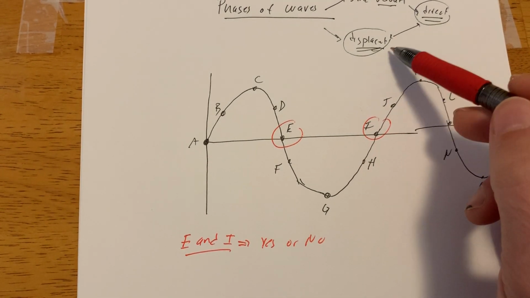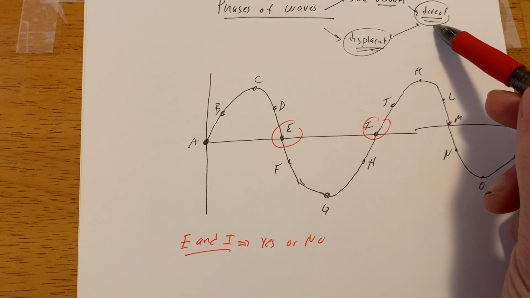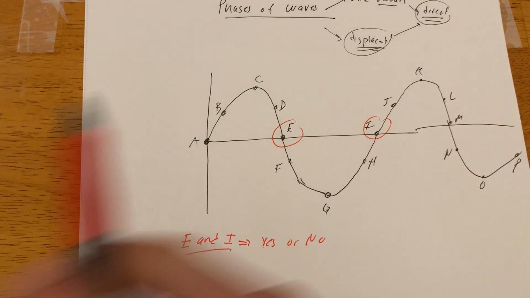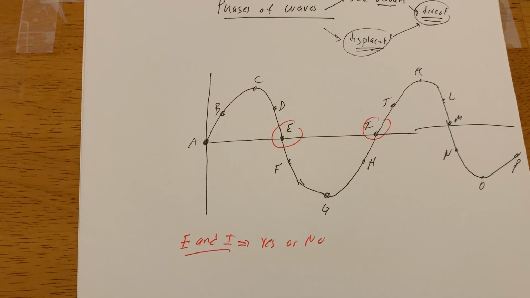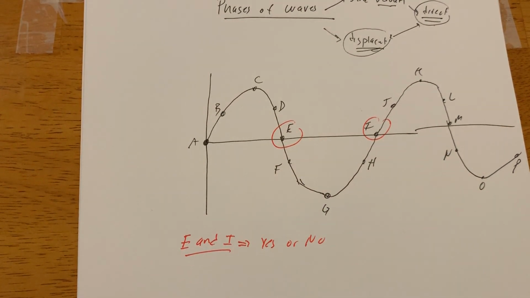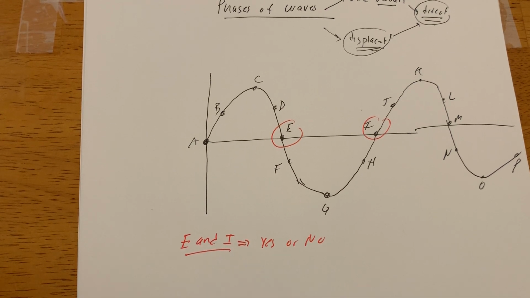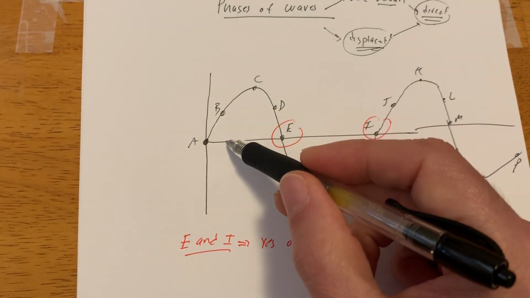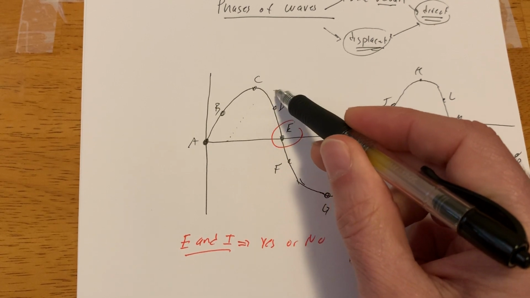Well, they have to have the same direction and the same displacement. One I can answer pretty quickly: they are both at the equilibrium position, so they do share the same displacement. But are they going in the same direction?